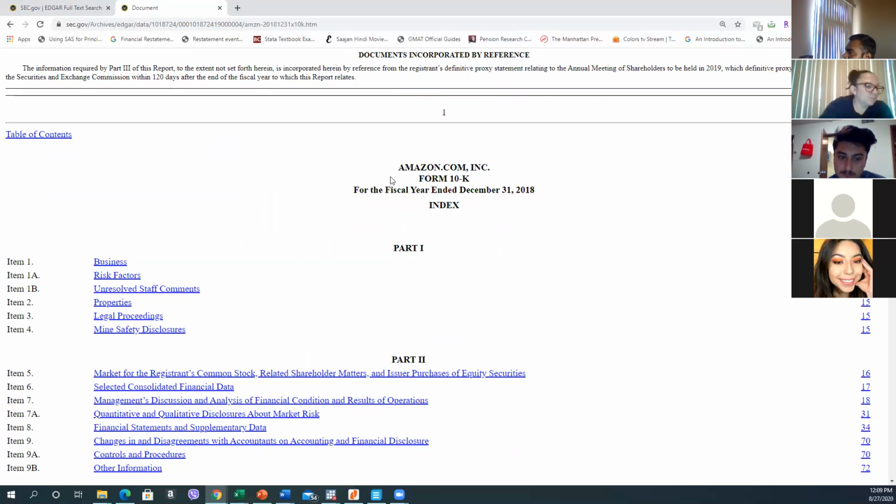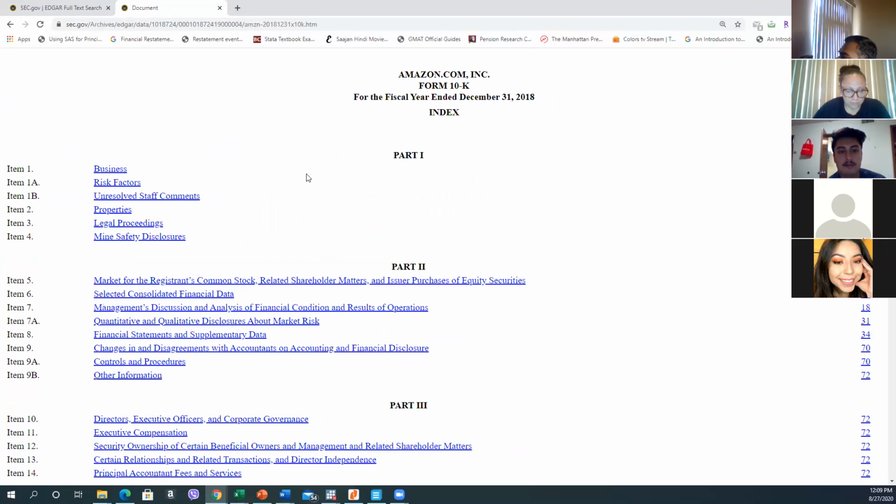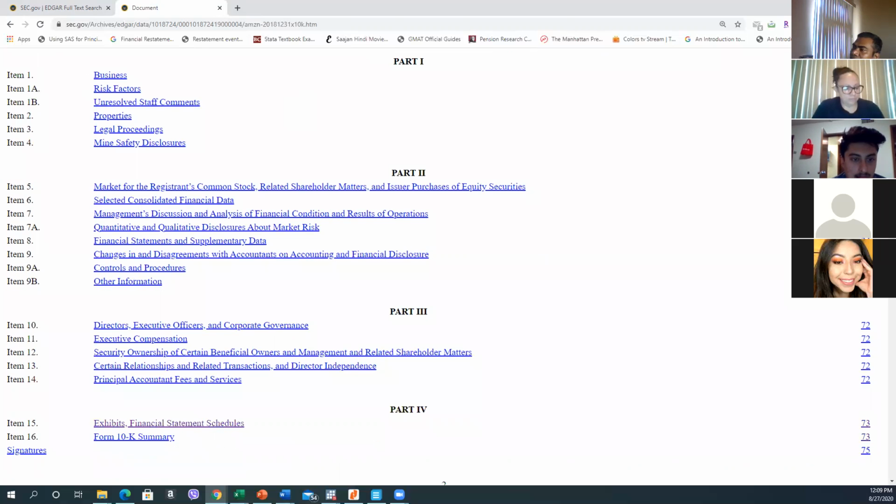And let's see what are the items included in the annual report. We can have a look at the table of contents. See that item number 1, business. Item 1A, risk factors. Item 1B, unresolved staff comments. Item 2, properties, legal proceedings, mine safety disclosures. Item number 5, this is part 2, market for registrant's common stock, selected consolidated financial data.